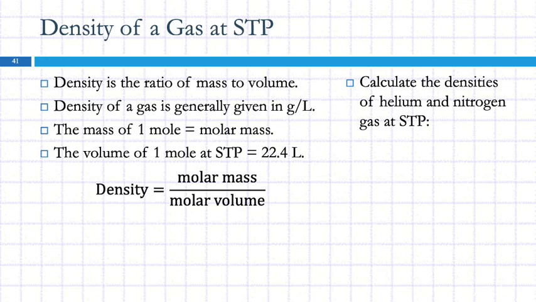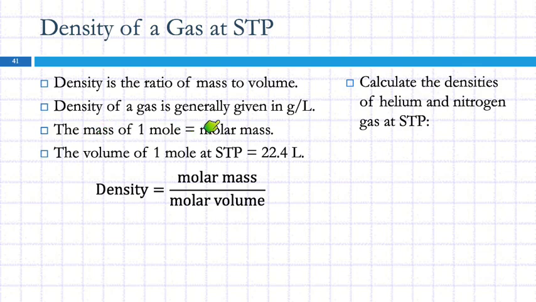Density. So gas density is going to vary depending on the pressure and the temperature. So we learned earlier that density is the ratio of the mass of something to its volume.